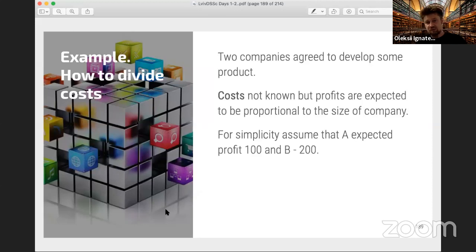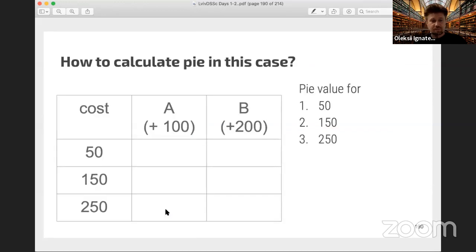So they do this product for themselves. And for simplicity, we assume that A's expected profit is 100, and B's expected profit is 200. So when we have costs 50 or 150 or 250, we need to divide this cost between the companies.